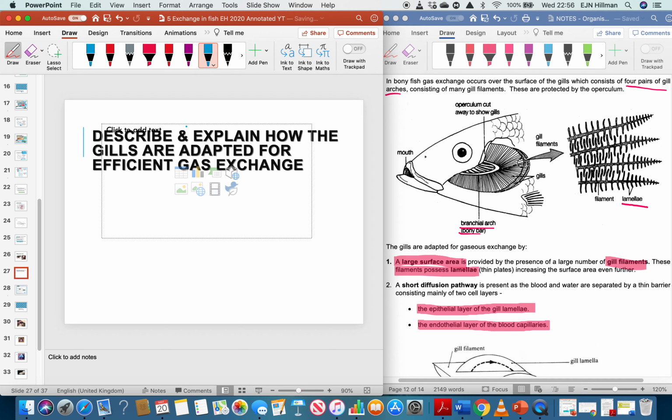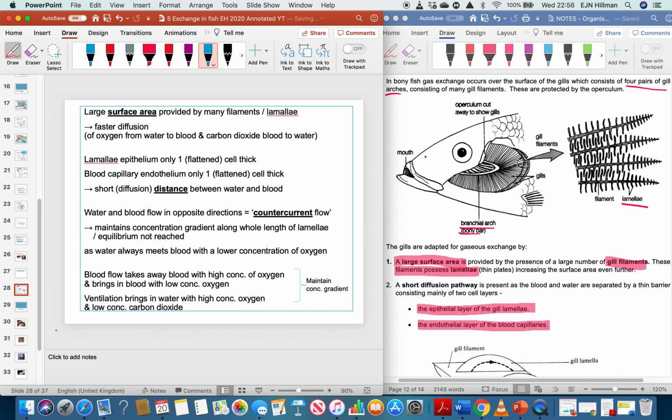Okay. Lastly, describe and explain how gills are adapted for efficient gas exchange. Typical type of question that you might get. And we've mentioned all of these things already.